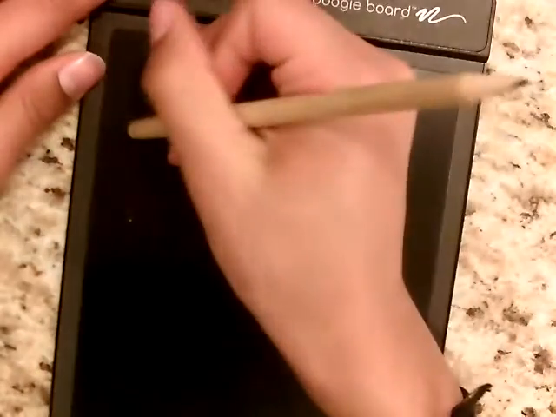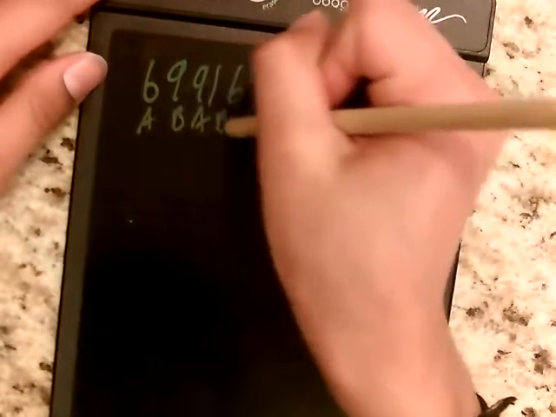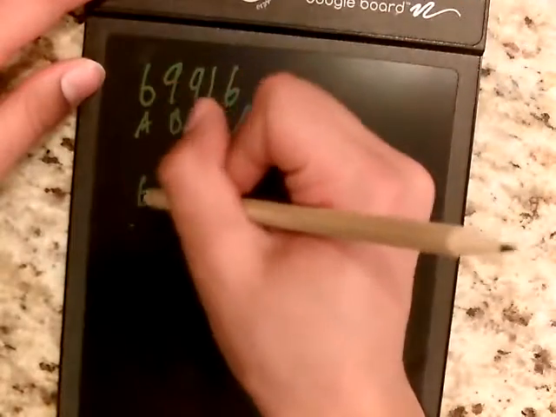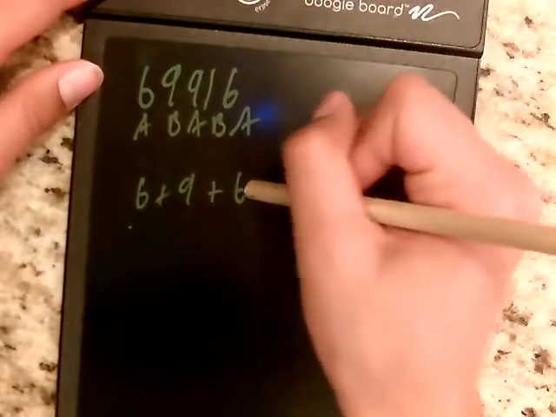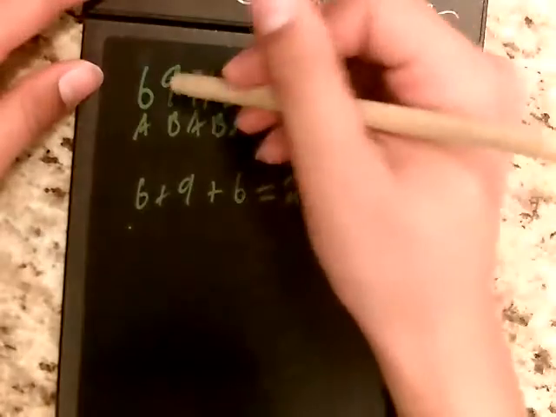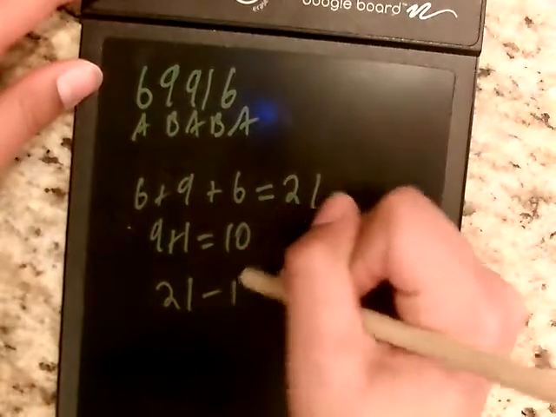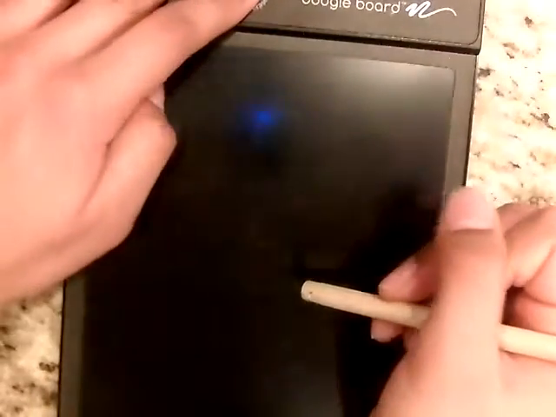So this is A, B, A, B, A. Let's add 6, 9, and 6. 6 plus 9 plus 6 equals 21. And 9 plus 1 equals 10. And then 21 minus 10, as you can see, it's 11. This always works. I'm not actually quite sure why, but it does work.